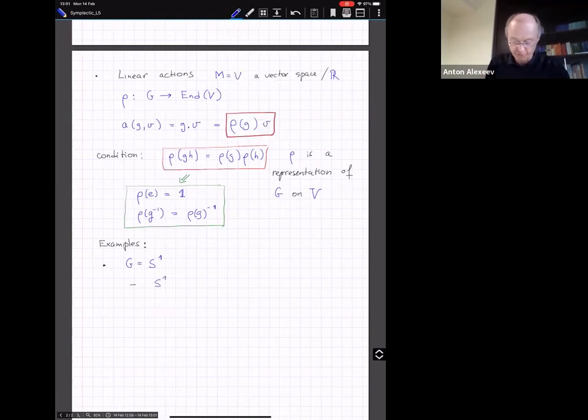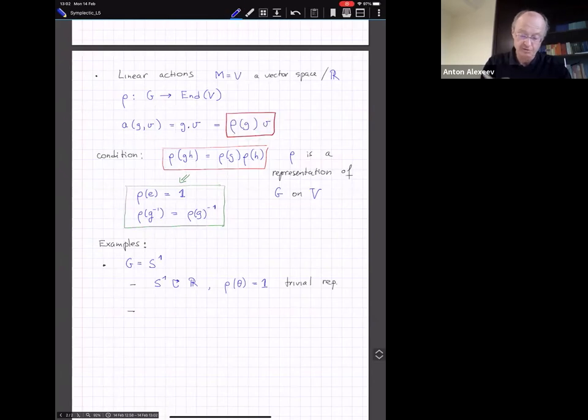So one representation, S1 simply acts on R, and for all angles theta, rho of theta is simply equal to 1. So this is a trivial representation. That, of course, comes for free.